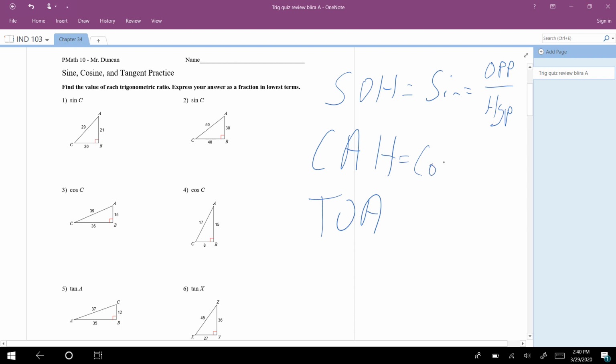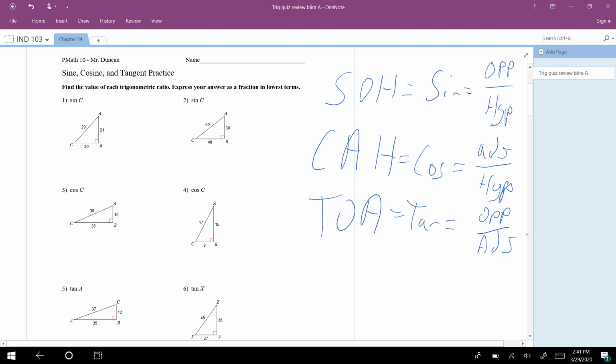CAH would be cosine equals adjacent over hypotenuse. I'll explain opposite and adjacent in a second. And then the TOA is tangent equals opposite over adjacent.